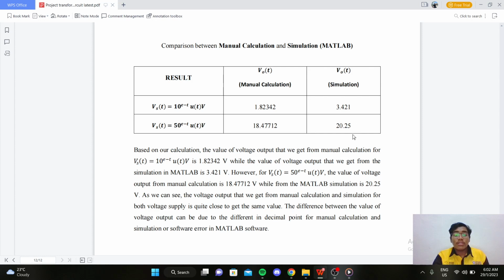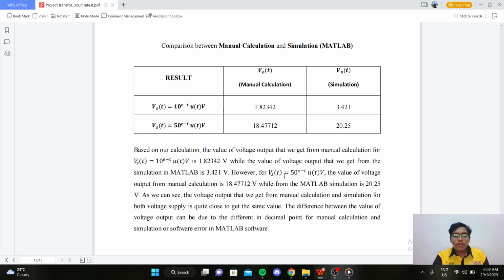Based on our calculation, the voltage output from manual calculation for a voltage supply of 10 power of E minus T volt is 1.82342 volt, while the voltage output from the simulation in MATLAB is 3.421 volt.